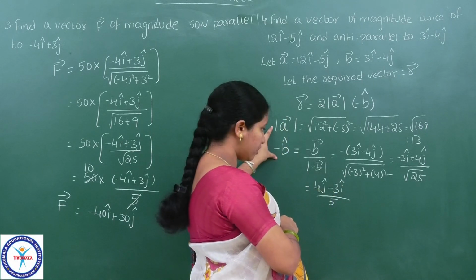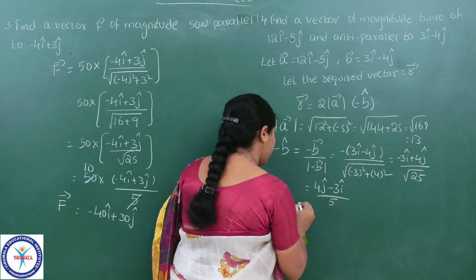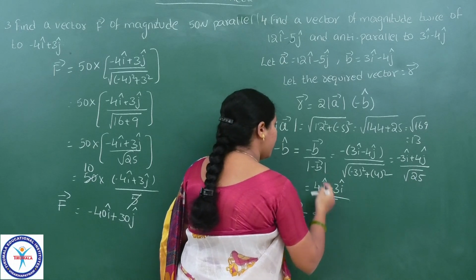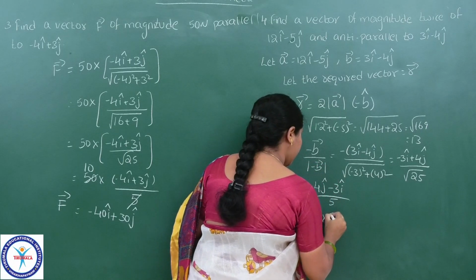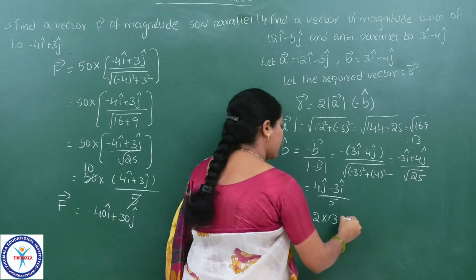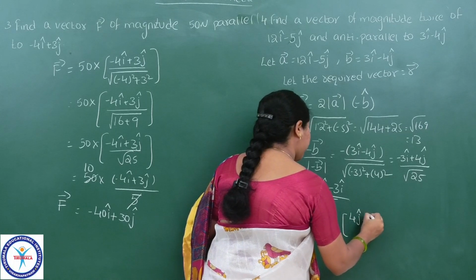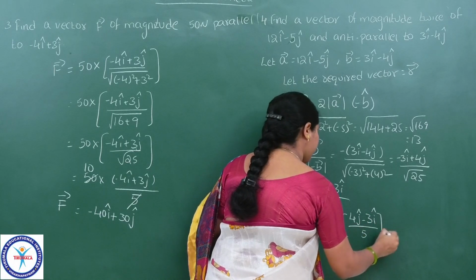So now substitute these two values in r bar vector. So therefore r bar vector equal to 2 into mod a bar, that is 13, into minus b cap. So its value is 4j cap minus 3i cap by 5.